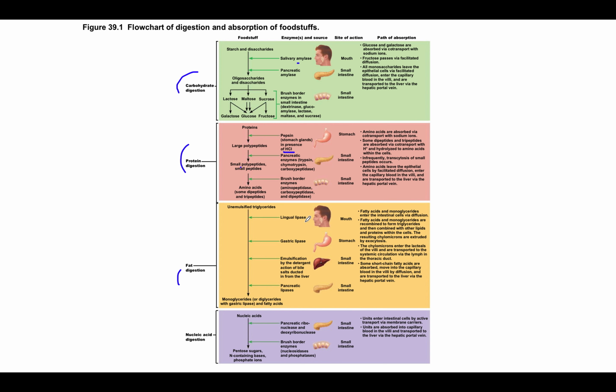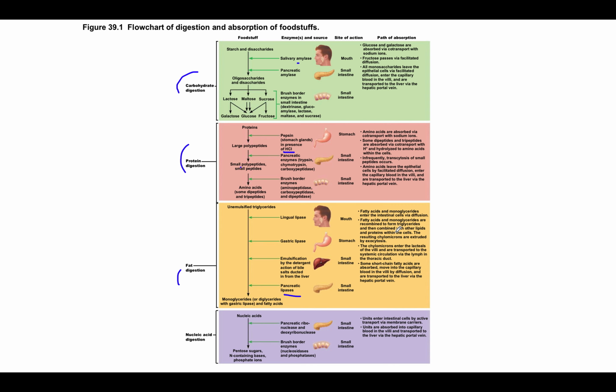Fats, of course, start with the lingual lipase, then there is the gastric lipase, then part of it is emulsified, and then pancreatic lipases do the final digestion into fatty acids and monoglycerides that are absorbed and enter the intestinal cells.